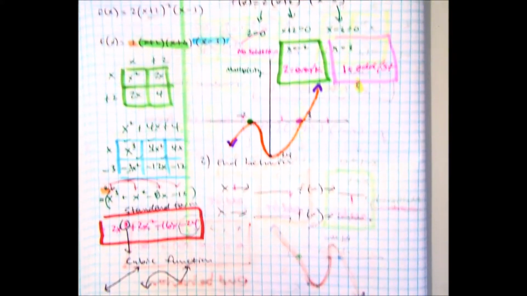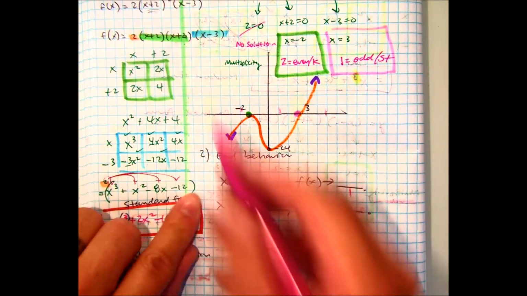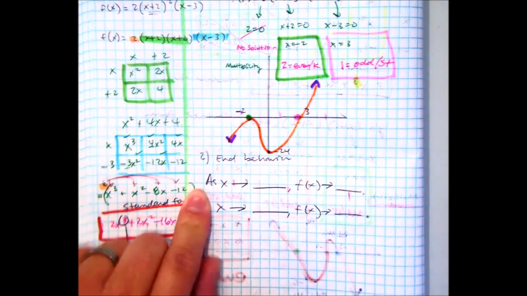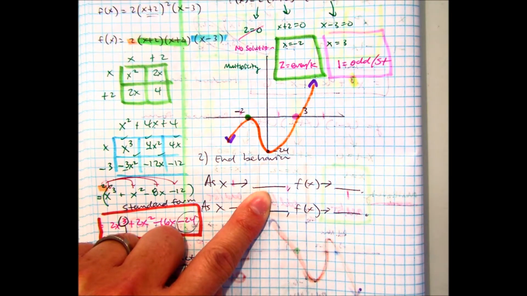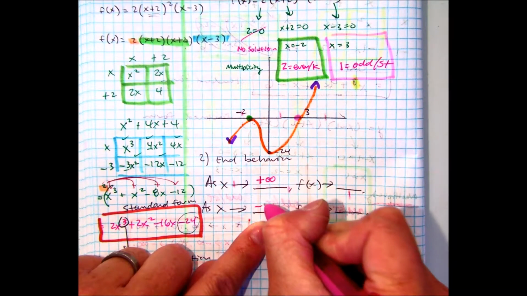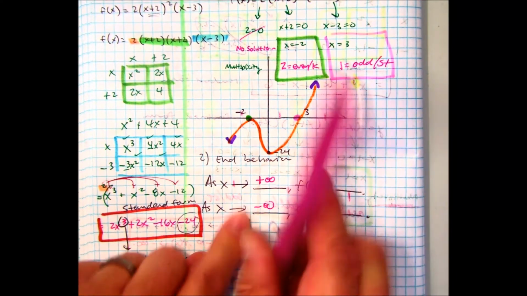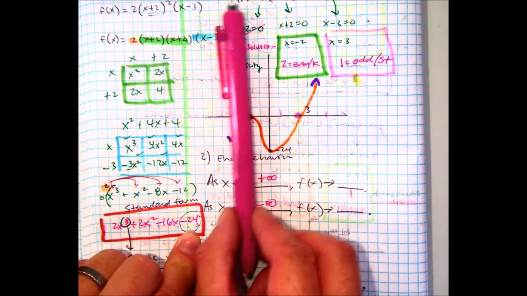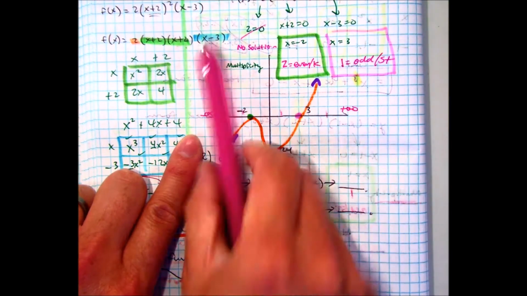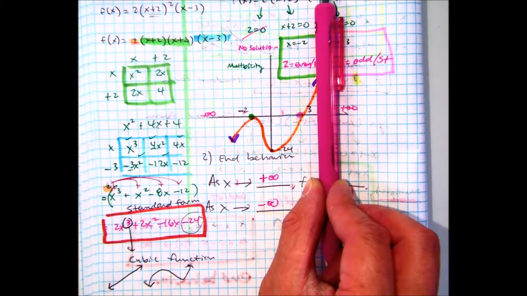Now let's apply that to what we learned yesterday. Yesterday says that as x approaches, in these first two you will always put positive infinity and this one negative infinity. Always. The reason why is because you're going in which direction here? Left to right. So this is your negative infinity, this is your positive infinity. And what happens to the graph? What's the last thing you touch there? The arrow is pointing where?